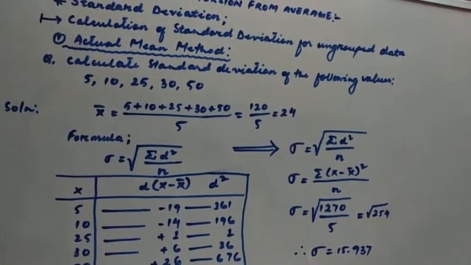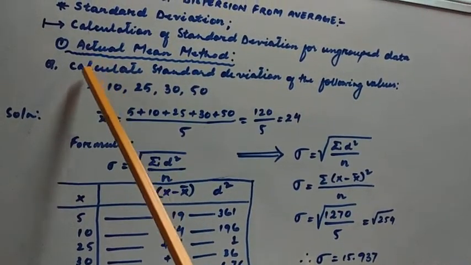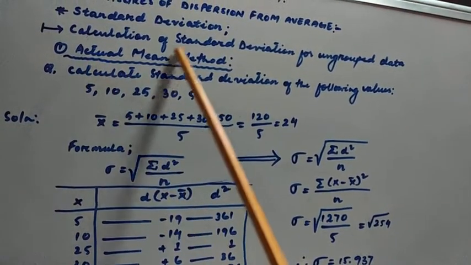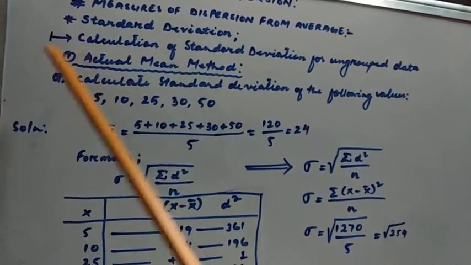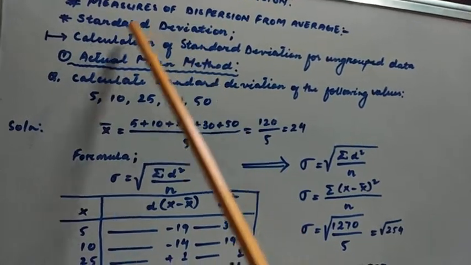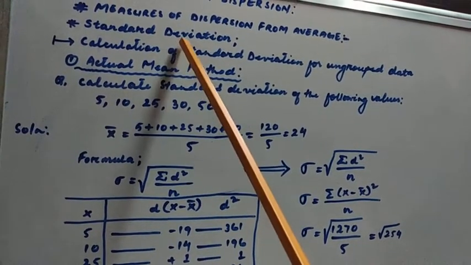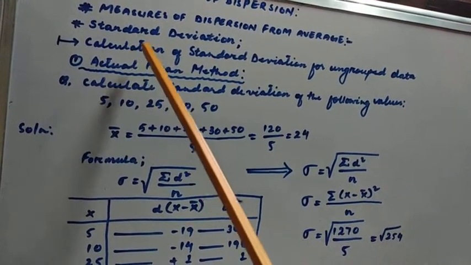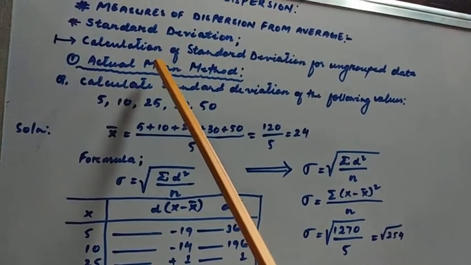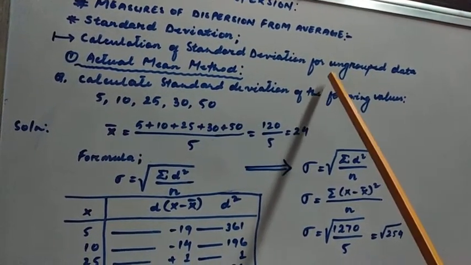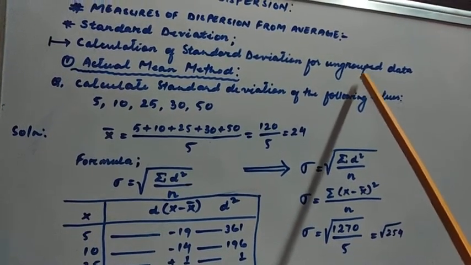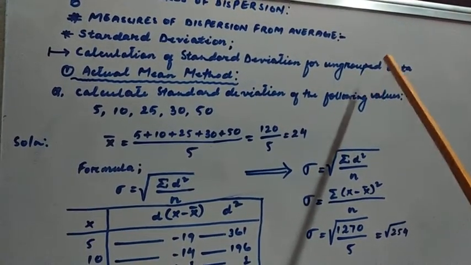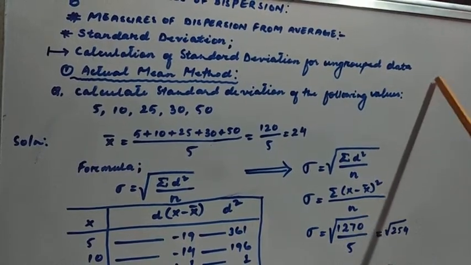So today we are going to discuss the calculation of standard deviation for ungrouped data. Yesterday it was mean deviation, so today it is standard deviation. Under standard deviation, we are first going to talk about ungrouped data and then continuous series.